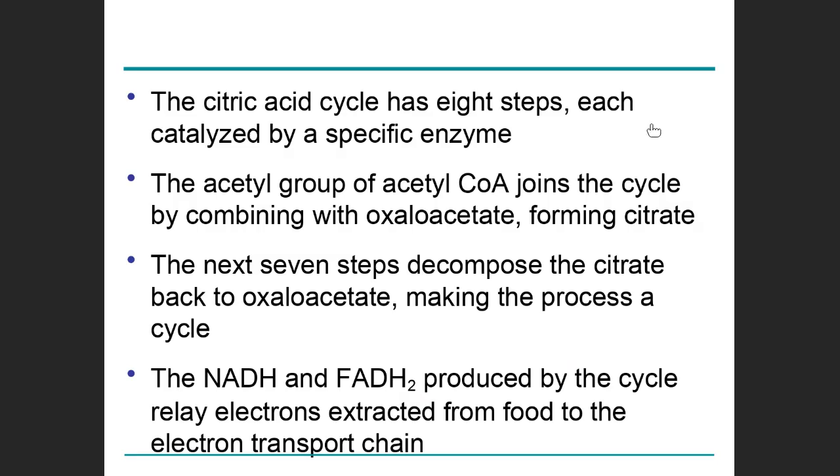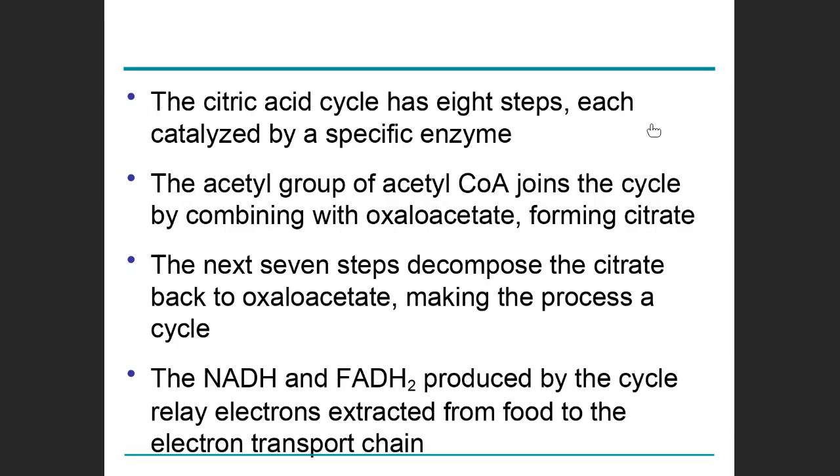So there are 8 steps, 8 specific enzymes, 8 intermediate molecules, none of which you need to know. Lucky for you. But the acetyl-CoA is going to be combined with a molecule called oxaloacetate, which will form citrate.